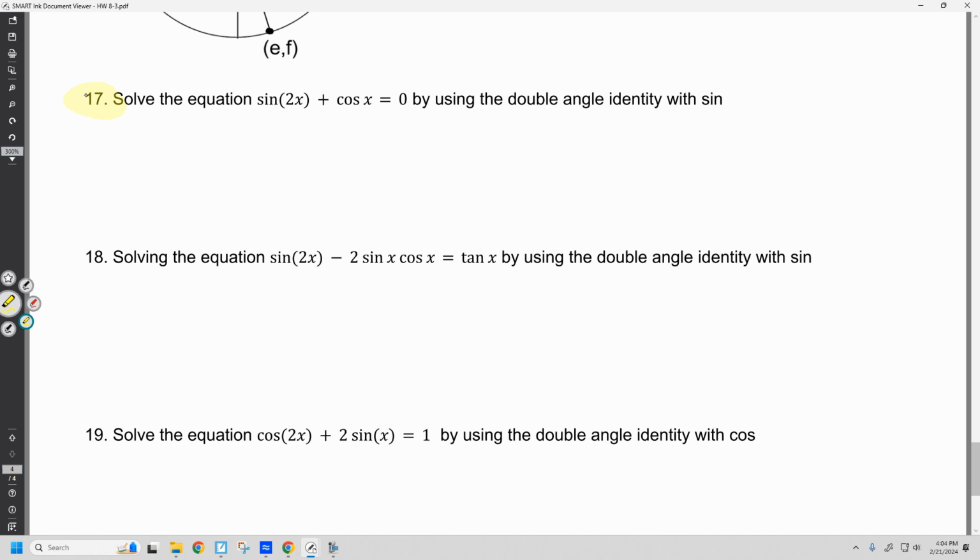All right, 17. They're hooking you up. They're telling you, use the double angle identity with sine to solve this equation. So you probably should write down what the double angle identity for sine is. Oh, I forgot what it was. Maybe sine, cosine, cosine, sine can be used to help me. Oh, yeah.